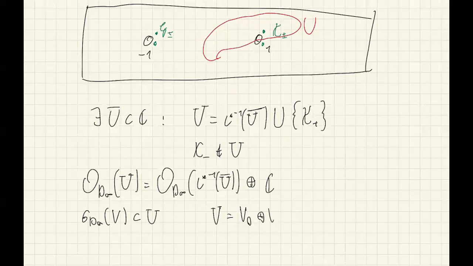And we know that we can act on v0 with this part, and we act with a complex number on this part.